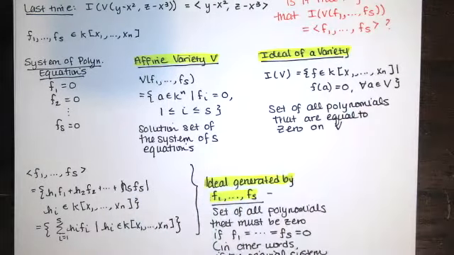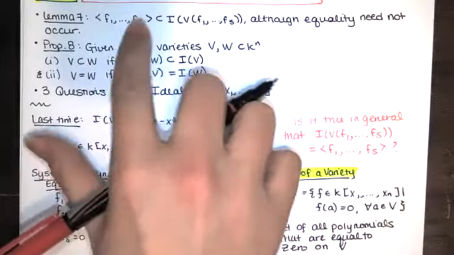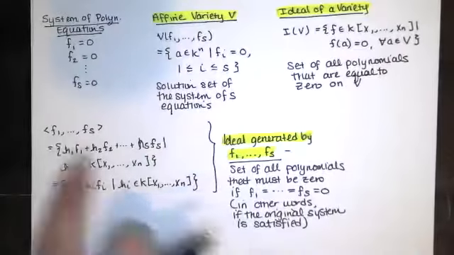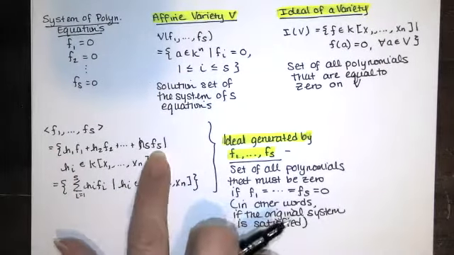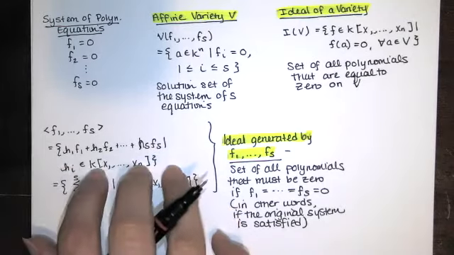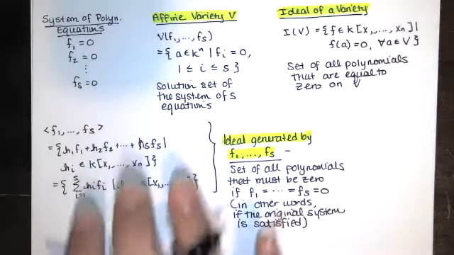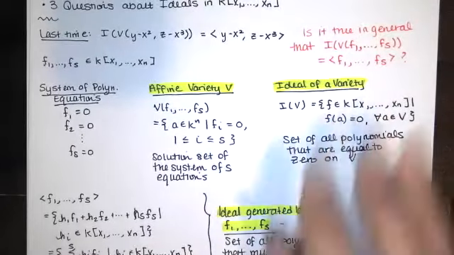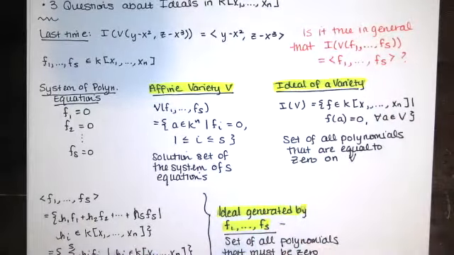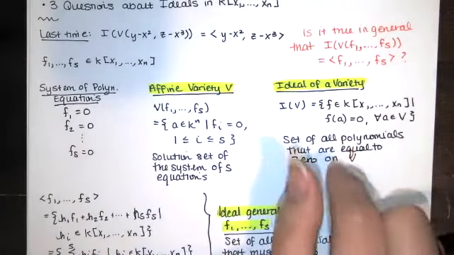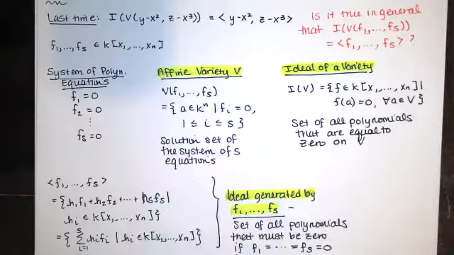And it turns out that they're not equal to each other in general, but this set is always a subset of this set. Or in other words, the set of polynomial consequences, the set of polynomials that would all have to be 0 if the original polynomials were 0, all of those polynomials have to belong to the ideal of the variety defined by those polynomials. But there may be some other polynomials in this set that don't belong in this set.